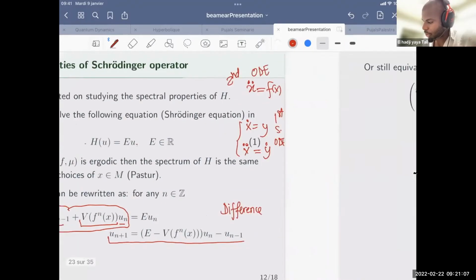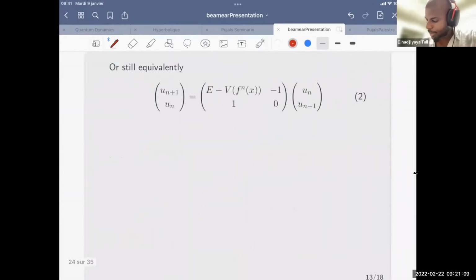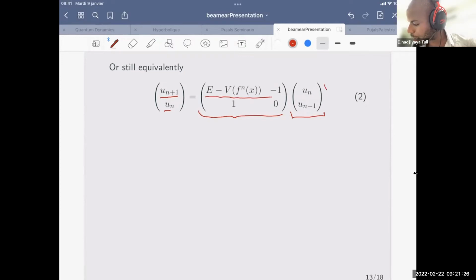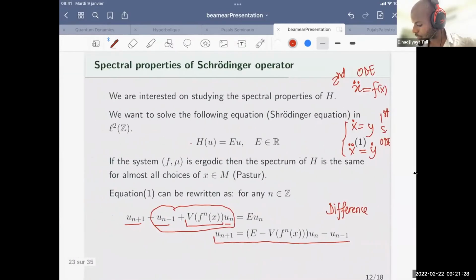So for a difference equation, you can look at u_{n+1}, u_n, two consecutive values of u. You can write it in terms of a matrix and u_n, u_{n-1}. You can check, because if you apply this row to this column here, you get the same expression here, right?